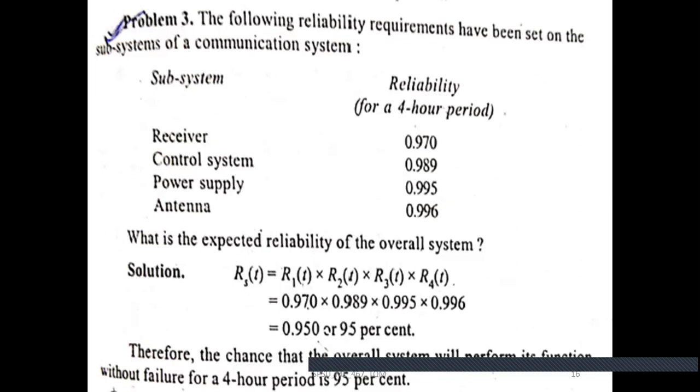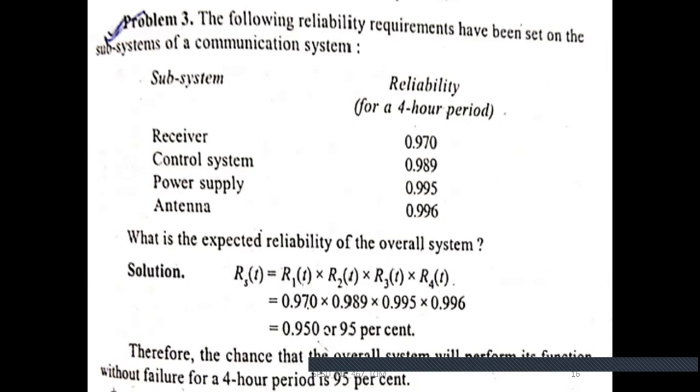The subsystems are the receiver, control system, power supply, and antenna, with reliability for a 4-hour period: receiver reliability is 0.970, control system reliability is 0.989, power supply system reliability is 0.995, and the antenna reliability is 0.996. So what is the expected reliability of the overall system?